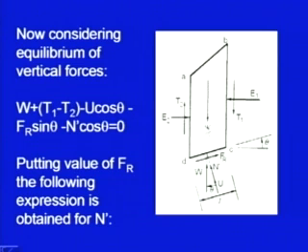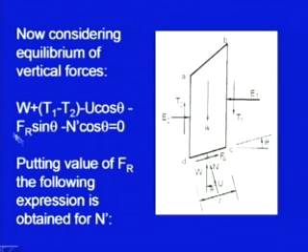So, W plus T1 minus T2, and minus U, which is acting here, so U cos theta, and then the component of Fr. The vertical component of Fr will be Fr sin theta, and the vertical component of N dash will be N dash cos theta.